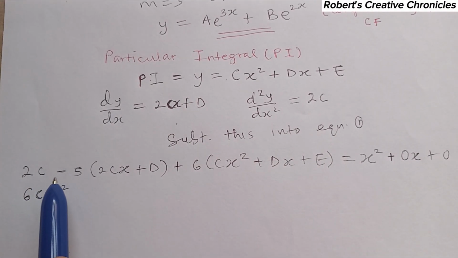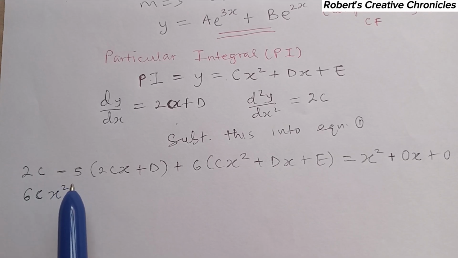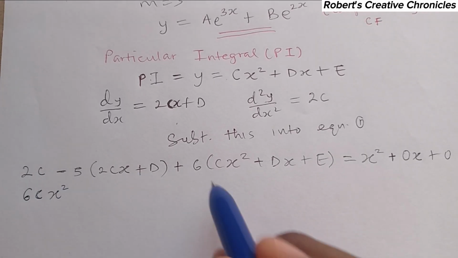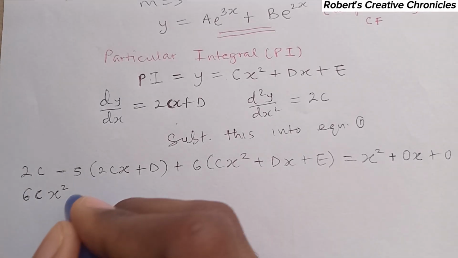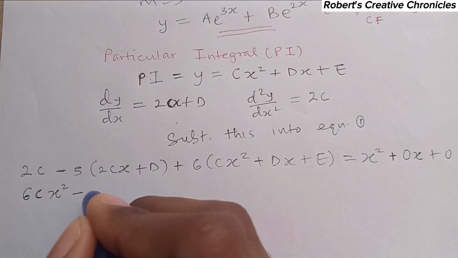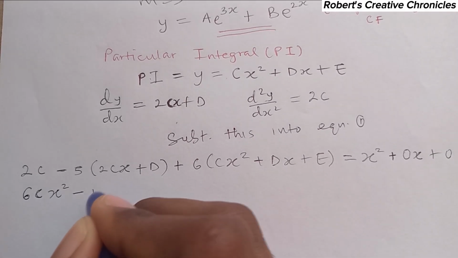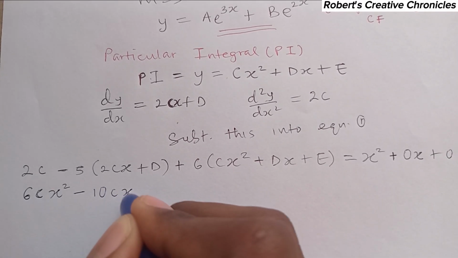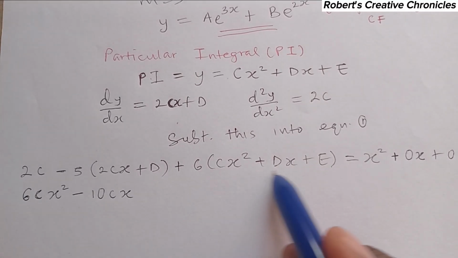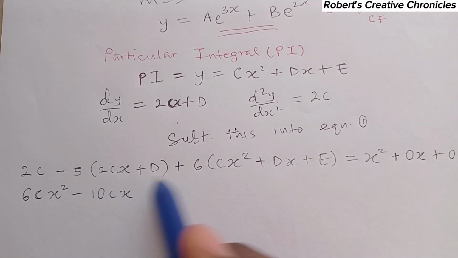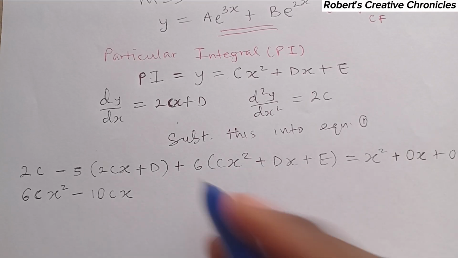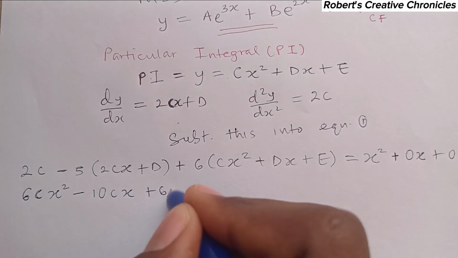So from here now, it will be minus 10cx. Then here also is plus 6dx.